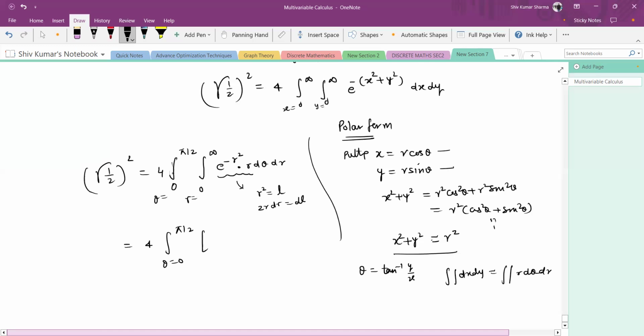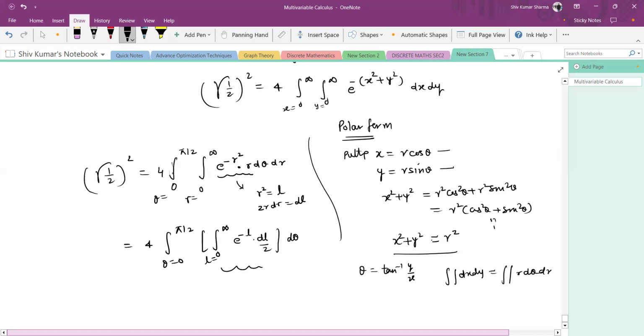When r equals 0, L equals 0, and when r equals infinity, L equals infinity, so the limits remain the same: L equal to 0 to infinity. This can be written as e raised to the power minus L, and r dr equals dL upon 2, into d theta.